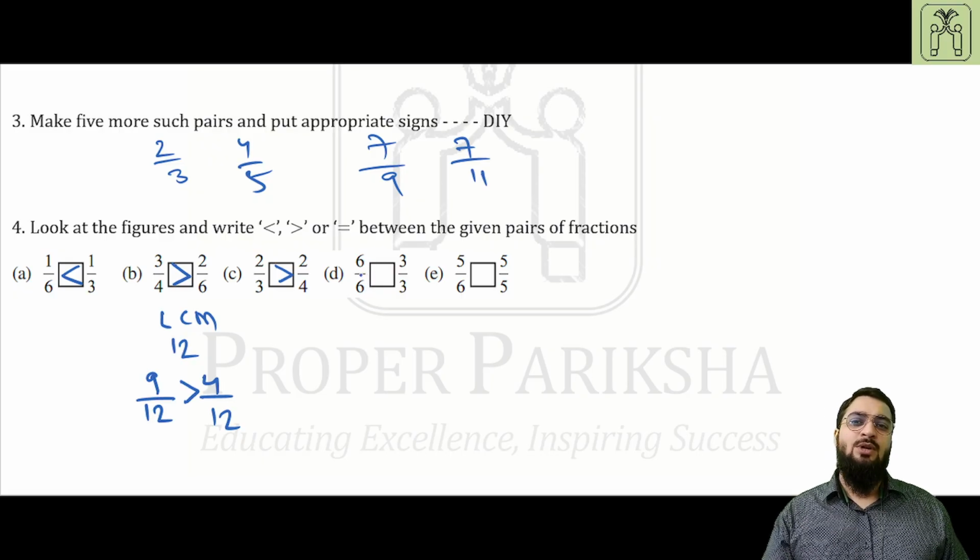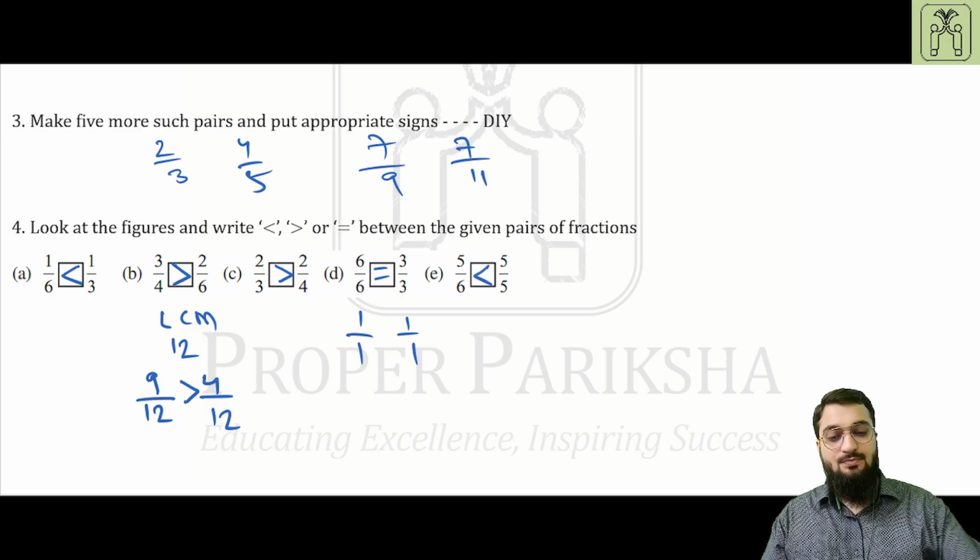Whenever you try to do any operation, always try to make sure that it is in its simplest form, unless it is required to be in its non-simplest form. So 6 upon 6 will make 1 upon 1, and this will also make 1 upon 1, therefore these will be equal to each other. 5 and 5, numerator same, so smaller the denominator, greater the fraction.